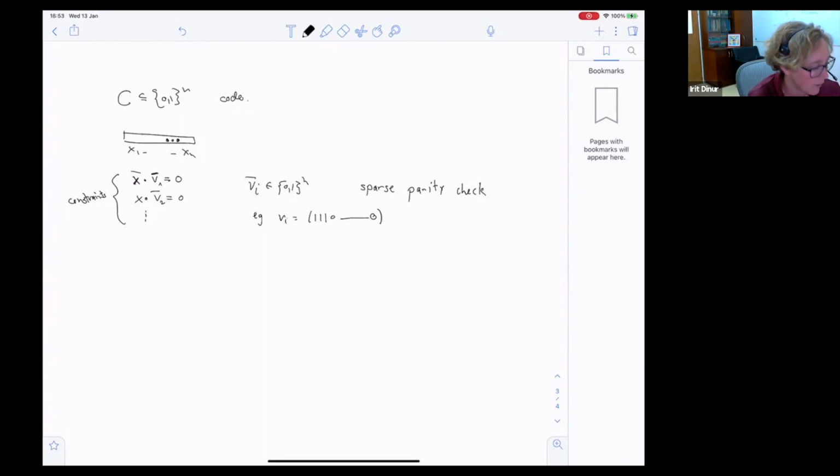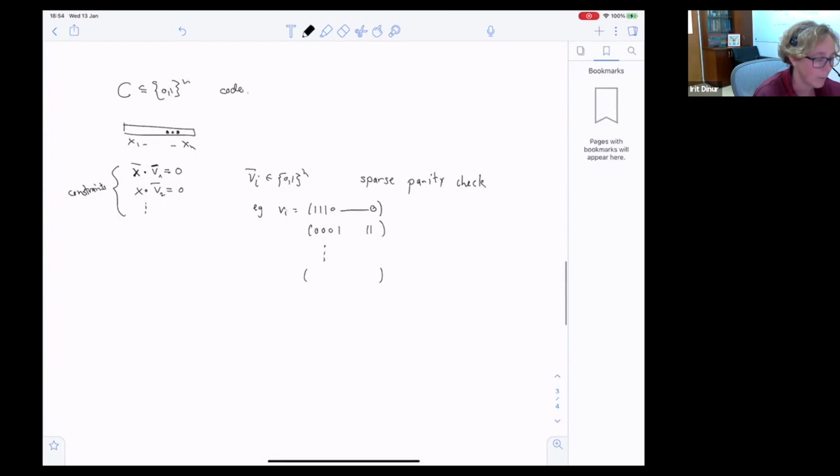Imagine that my code is given by a bunch of such parity checks. Maybe V1 is this 1, 1, 1, maybe V2 is 1, 1, 1 in some other place, and so on. You have all these parity checks. So this is your code: it's all the strings that satisfy all of the parity checks.